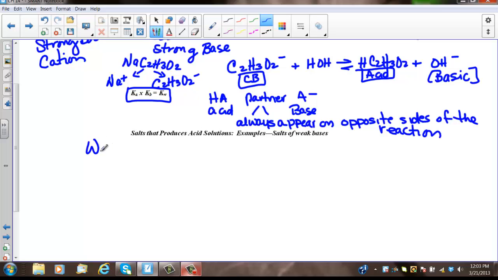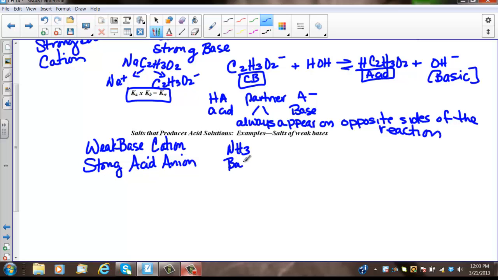So conversely, when we talk about salts that produce acid solutions, we're going to talk about mixing a weak base cation and a strong acid anion. For example, NH3 is a base. Its conjugate acid would be NH4 plus. Therefore, if I had NH4Cl, this would be a salt that produced an acidic solution.